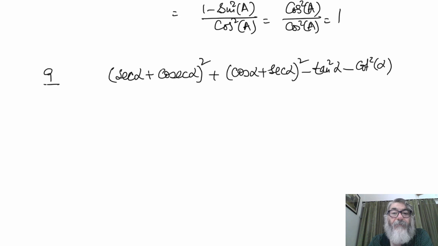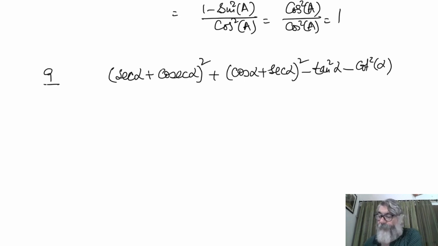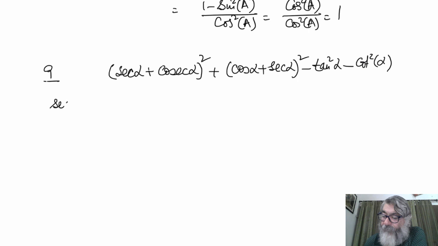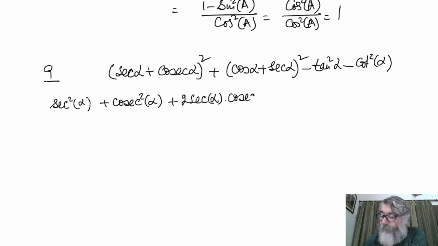This expression is given: sec alpha plus cosec alpha whole square plus cos alpha plus sec alpha whole square minus tan square alpha minus cot square alpha. Let's open using the formula a plus b whole square, which is a square plus b square plus 2ab. So sec square alpha plus cosec square alpha plus 2 sec alpha and cosec alpha.